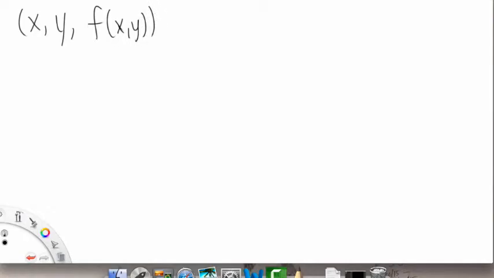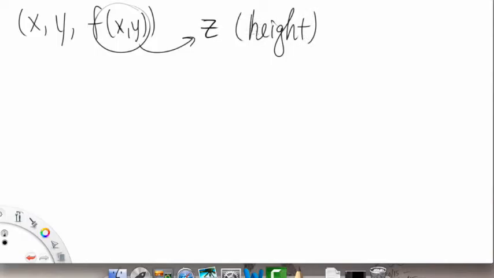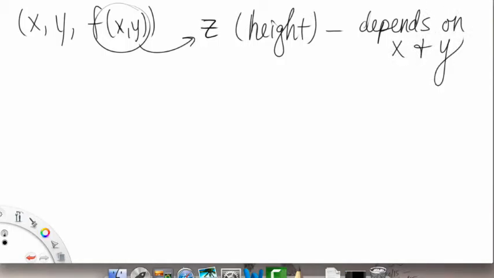So here, as I said before, our f of x, comma y is going to be our z. That's in the z spot. So this basically represents our height, how much we go in the positive z direction or the negative z direction, right? So this depends on both the x and y coordinates. So it depends on x and y.